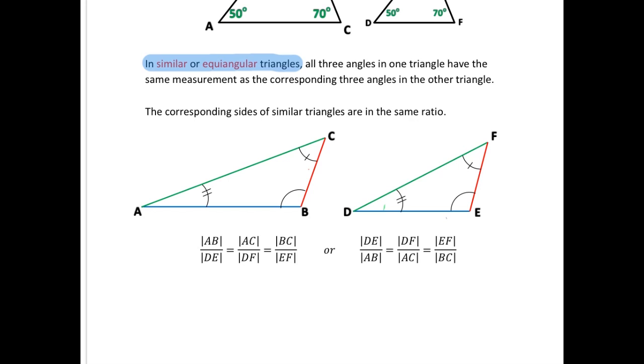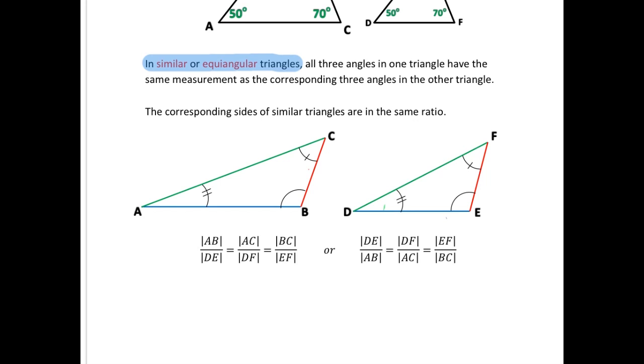So if we look at our bigger triangle, the length AB between this angle and this angle is going to be in ratio with the length between those two same angles here, so the length DE, so these two blue sides will be in ratio. So AB over DE is one ratio, but what can we set that equal to?